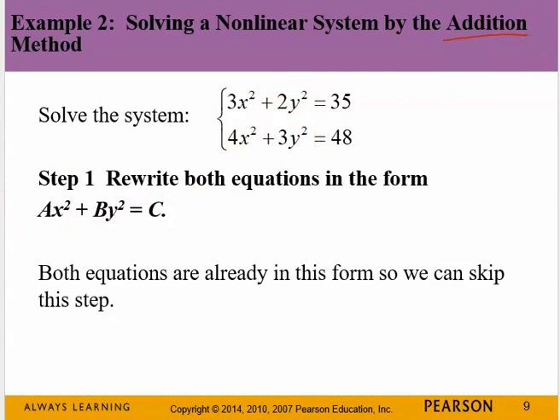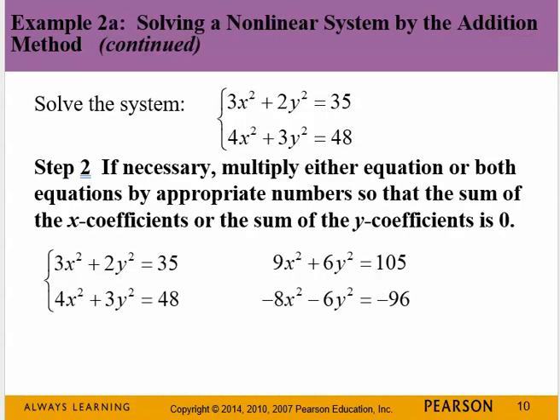Well, as we look at the next slide, we see they're going to modify both equations. And let's show you that. Standard form.